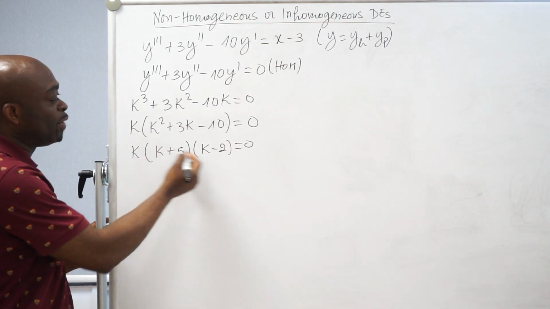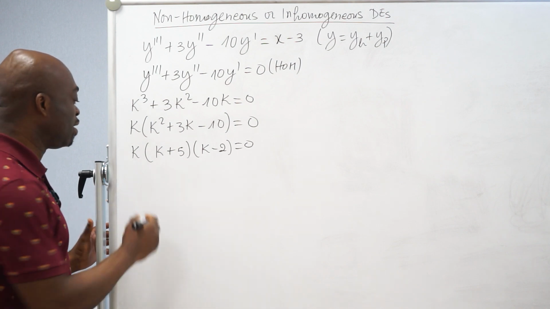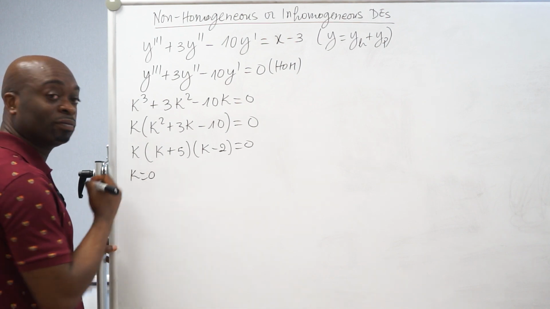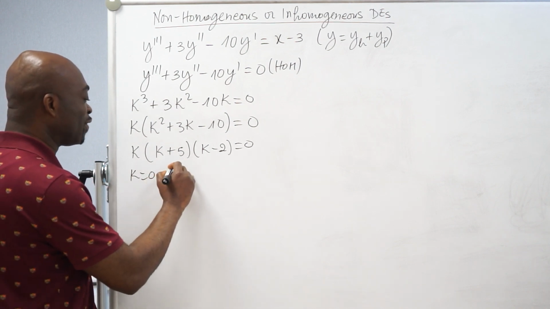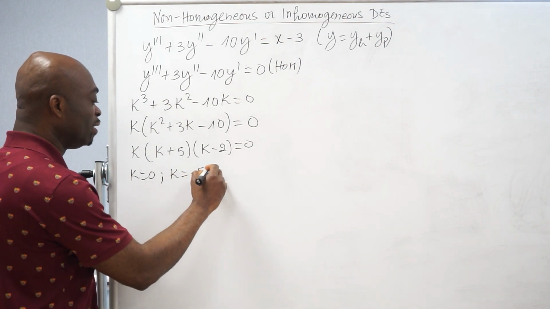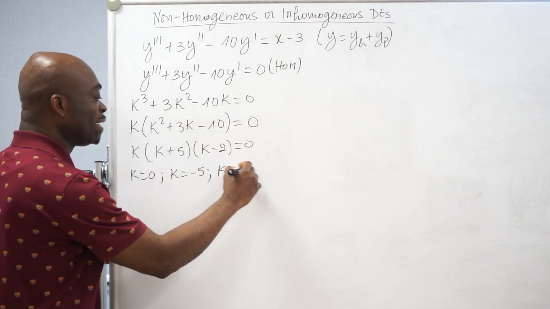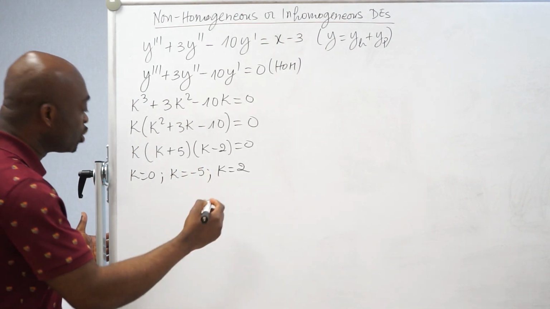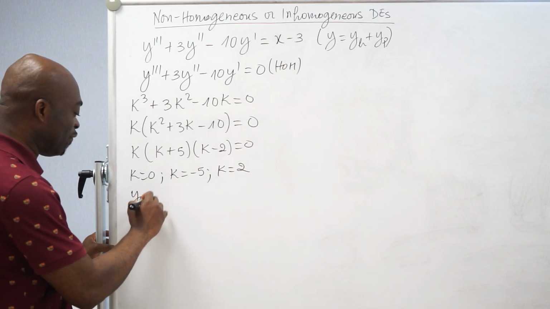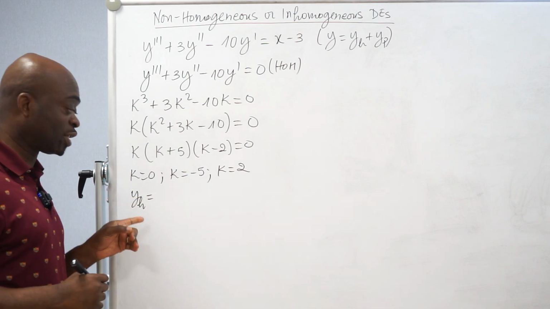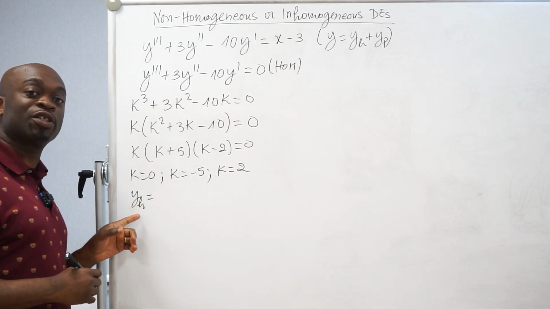Then we have our three factors here. So we have k = 0, first one. We have k = -5. Then we have k = 2. So how do we write our final answer for the homogeneous solution? That's why we have the y sub h here.